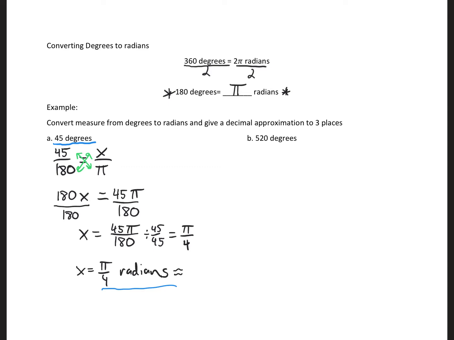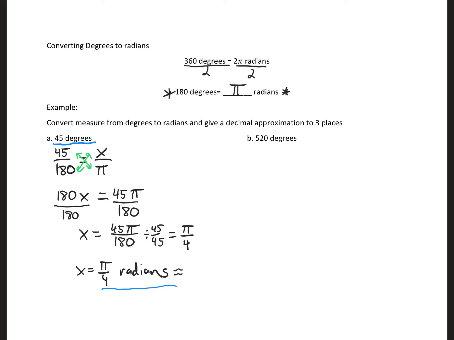To use the pi button on a TI-84, you're going to hit second, and then the button above the division sign, which is like a little caret. You'll find the pi symbol there. So you'll hit second and that caret button, and that will bring up pi. Then divide it by 4, and you'll get 0.785398, and so on.